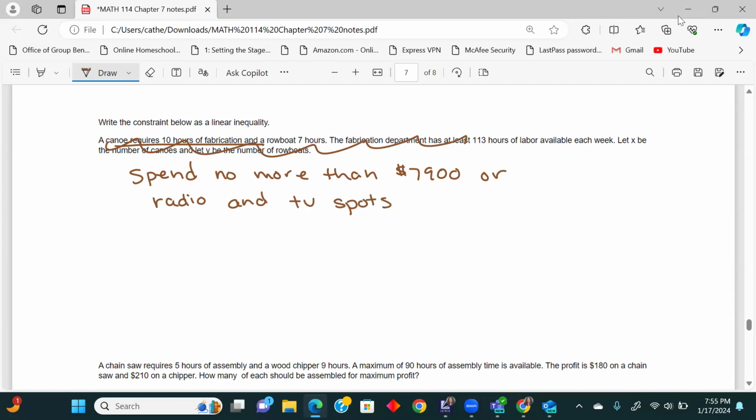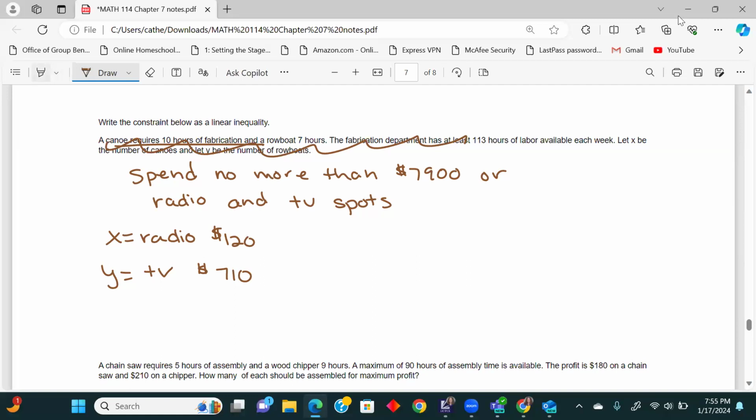We're going to let X equal radio and Y equal TV. The radio spots cost $120, and the TV ads or spots cost $710. So we need to write the constraint, the inequality.